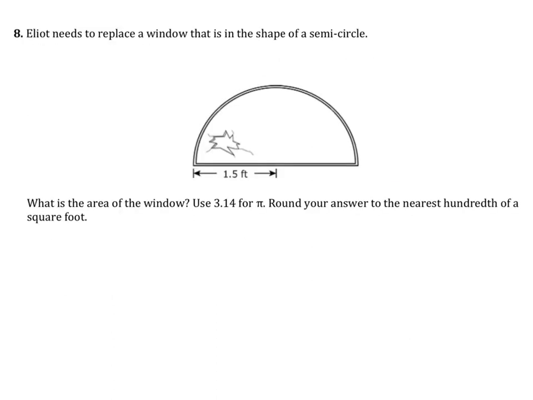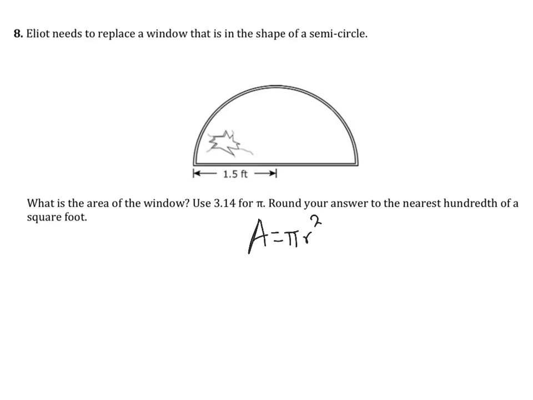All right, number 8 says, Elliot needs to replace a window that is in the shape of a semicircle. What is the area of the window? Use 3.14 for pi. Round your answer to the nearest hundredth of a square foot. So we need to know area. The formula for a circle is pi r squared.